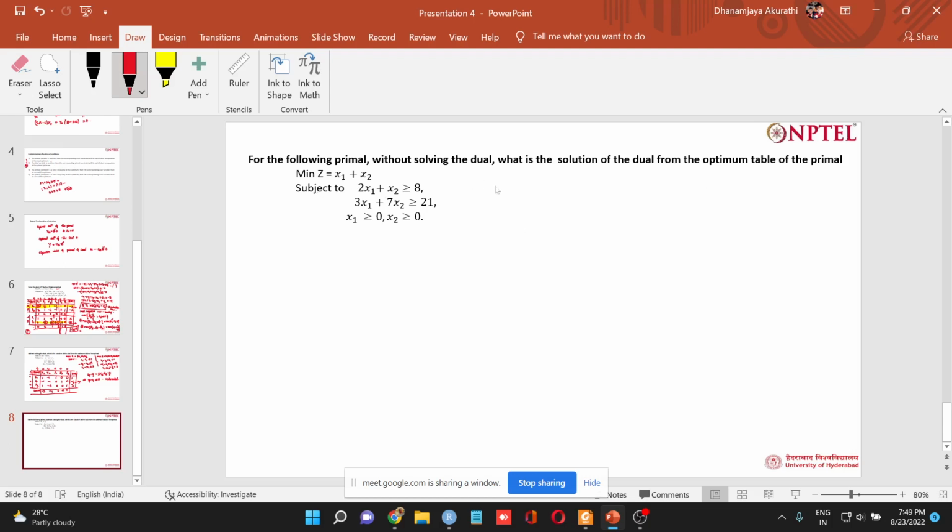First convert the given primal into the standard form for solving purpose only, that maximum of z star would be minus x1 minus x2, subject to the constraints. Here it is a greater than or equal to sign, so minus 2x1 minus x2 less than or equal to minus 8.